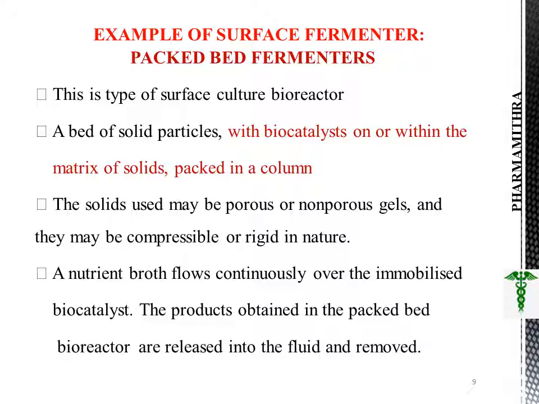Here, a nutrient broth flows continuously over the immobilized biocatalyst, and the product obtained in the packed bed bioreactor is released into the fluid and removed, and the process continues.